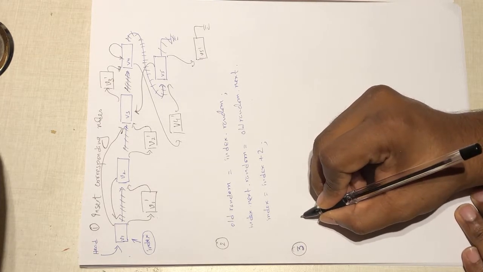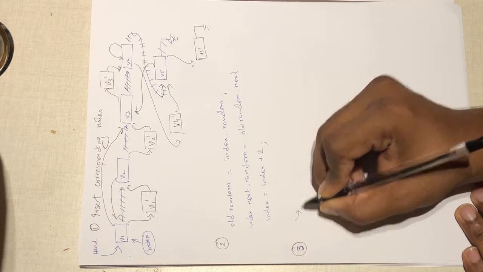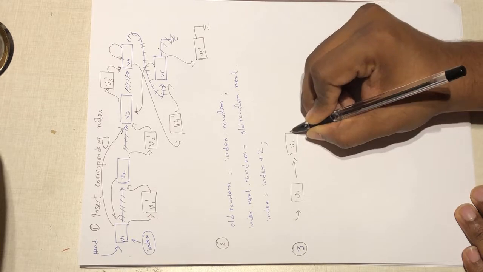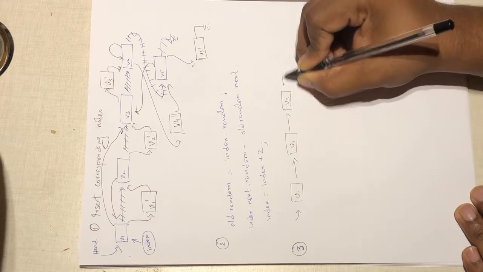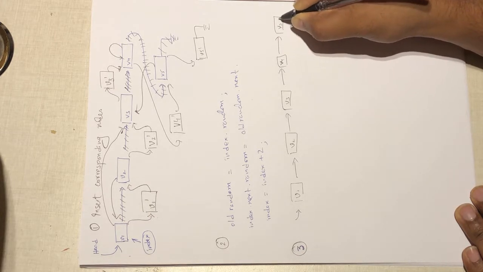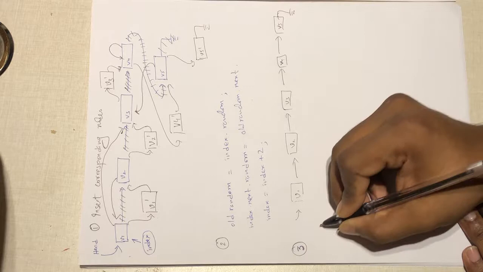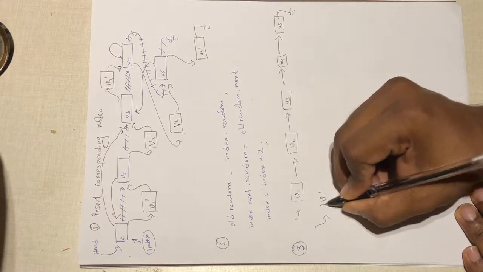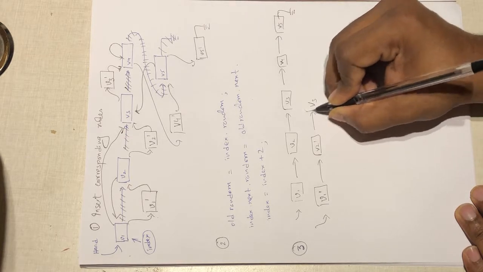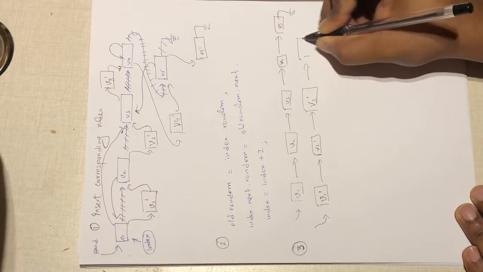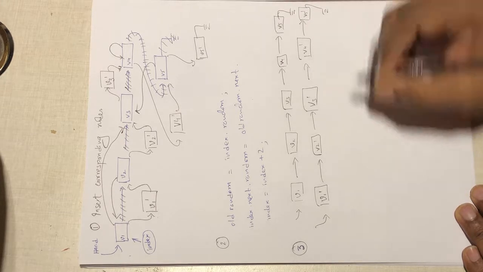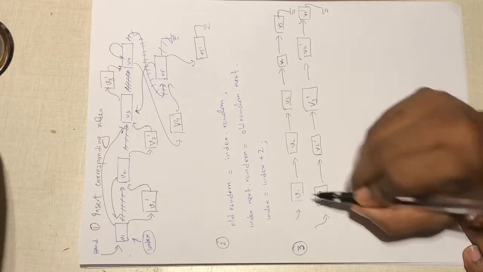So your eventual list will be v1, v2, v3, v4, v5, and your new list will be v1 dash, v2 dash, v3 dash, v4 dash, v5 dash, and randoms will definitely be working.